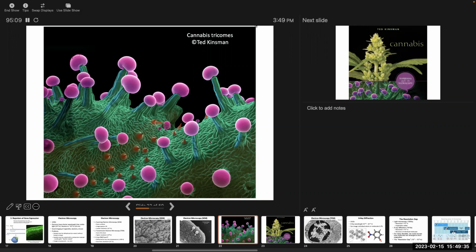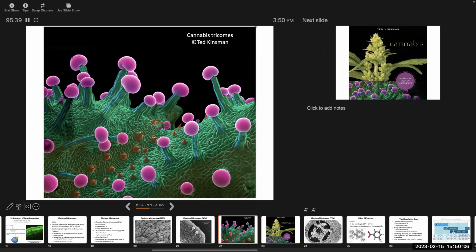So what you're looking at here is the bottom of a cannabis leaf. And the little stalks with the little purple balls on the end are what are called trichomes. And the little purple balls are actually little droplets of THC, tetrahydrocannabinol, which is the active ingredient, which is why some people enjoy this particular plant.